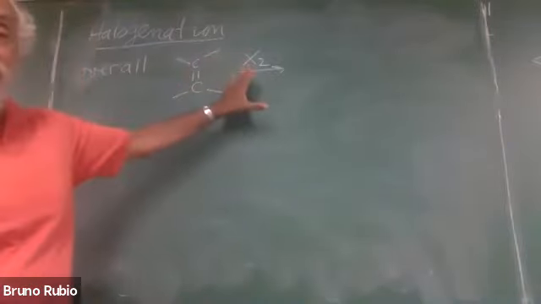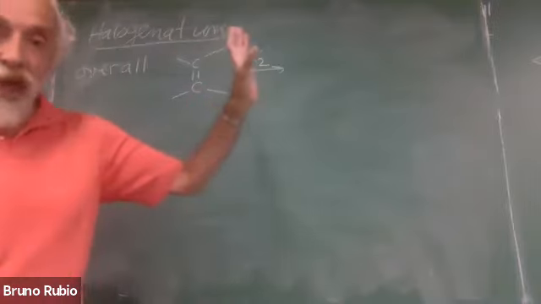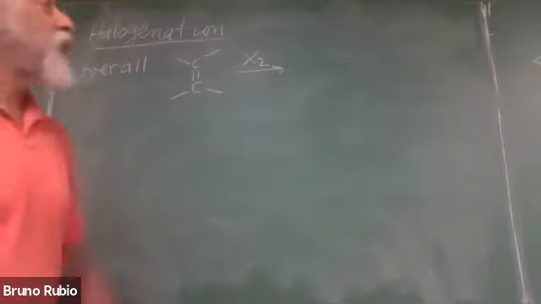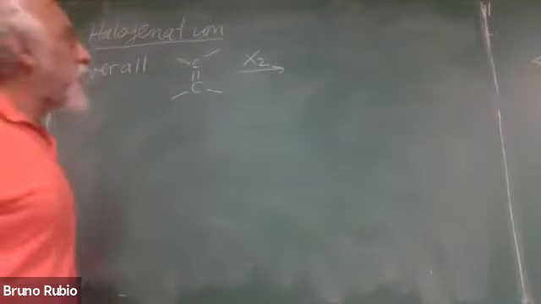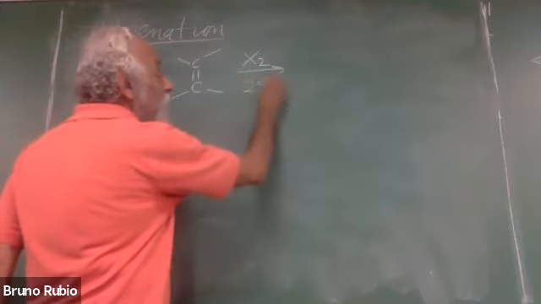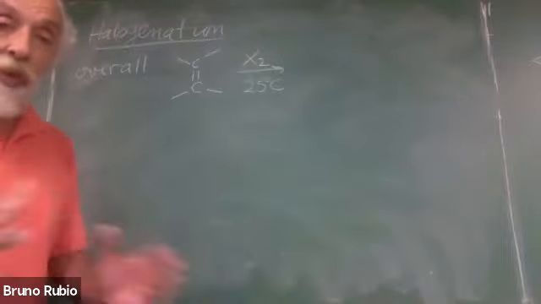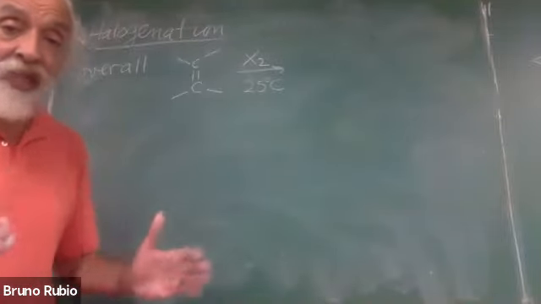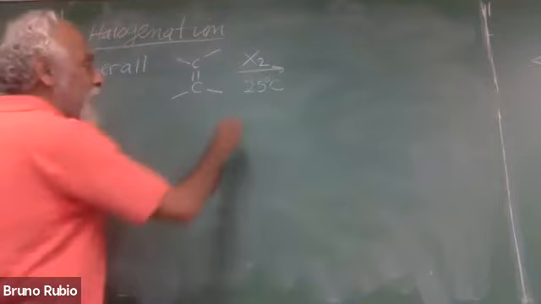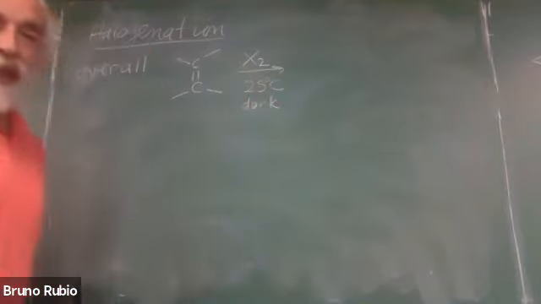What is the difference between what we're talking about now and what we talked about with radicals is that this reaction is going to happen at 25 degrees, right? Don't have to heat it. Remember when we were talking about radical reactions, we always had to heat. And it's going to happen in the dark, right?